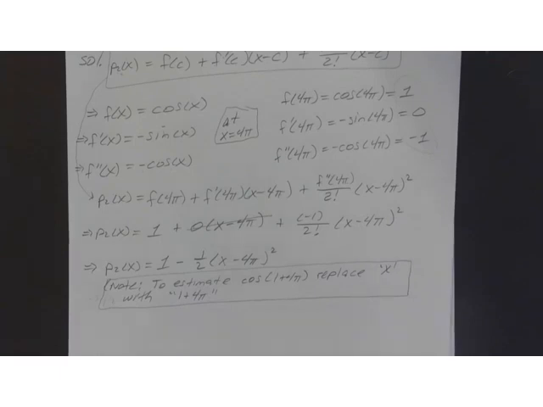Same way we did with sine of x and x squared. If you know sine of x, then sine of x squared is just replacing x with x squared. Same thing here.